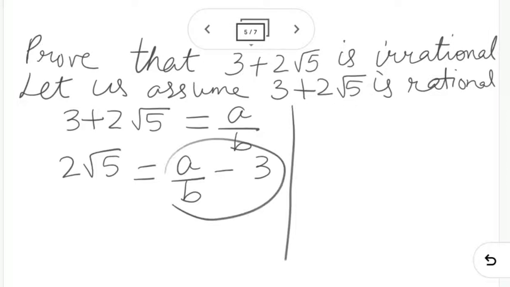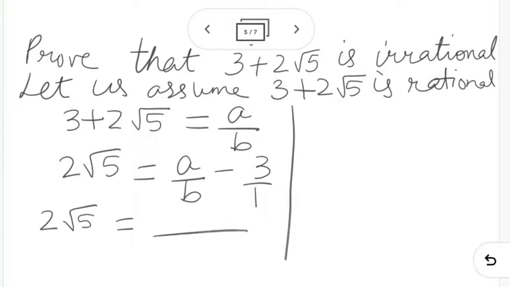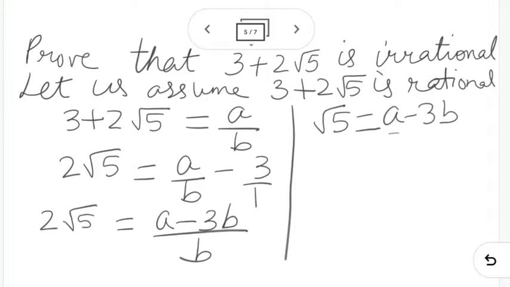Now here we can take LCM. We will get B and here we will get A minus, this B will get multiplied with 3, A minus 3B. Now we want to separate root 5, so this 2 also we need to remove. So we will take this also to the right side, it will go down and get multiplied with B. We will get root 5 equals to A minus 3B upon 2B.